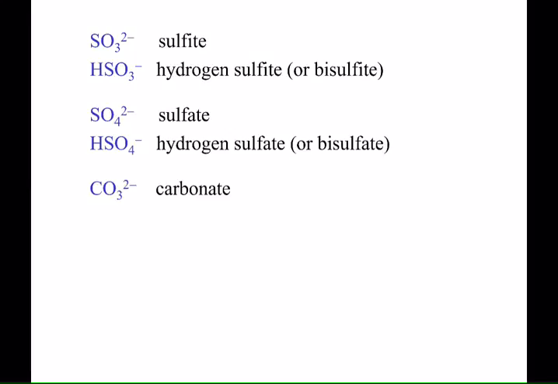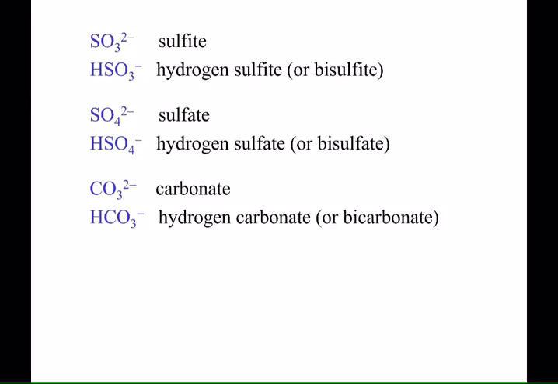Carbonate does the same thing. CO3 2-, kick in a hydrogen, and now it's HCO3 -1. Bicarbonate, hydrogen carbonate. With phosphate, we can actually add hydrogen two times and still end up with a negatively charged polyatomic ion. Phosphate is PO4 3-. If we kick in a hydrogen, a +1 charge, what will be the charge for hydrogen phosphate?